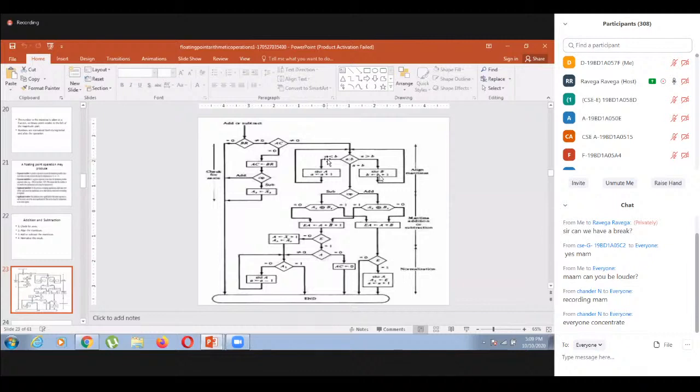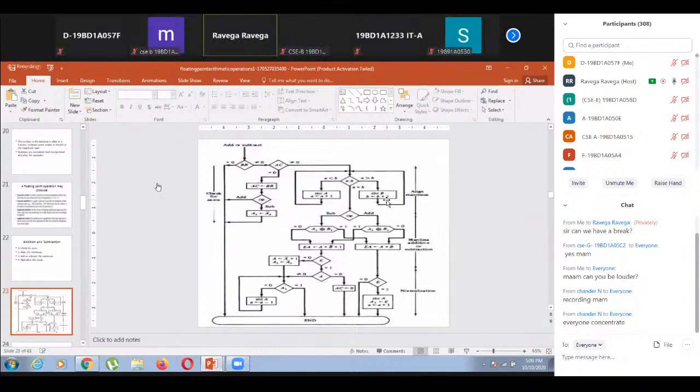If the exponent of A is less than B, you perform the shift right on the A value. If A is greater than B, you perform the shift right on the B value.